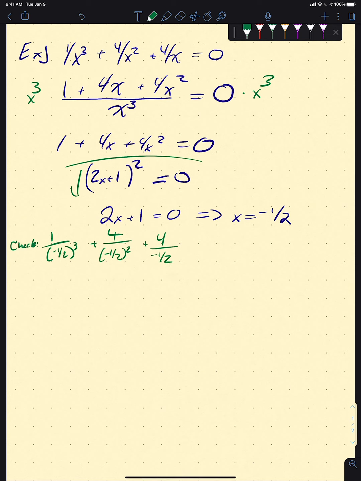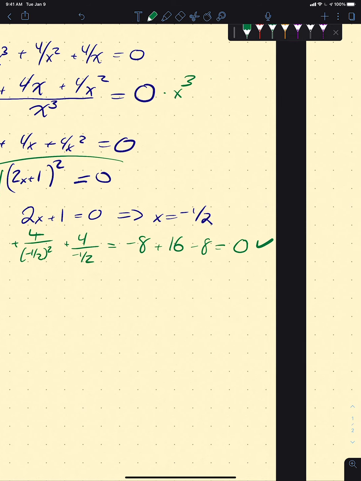And I want to make sure that this equals 0. It's going to look to me like 1 over negative 1/8, which is negative 8. Looks like 4 over 1/4, which is going to be 16, and then minus another 8, and that does indeed equal 0. So we're good.